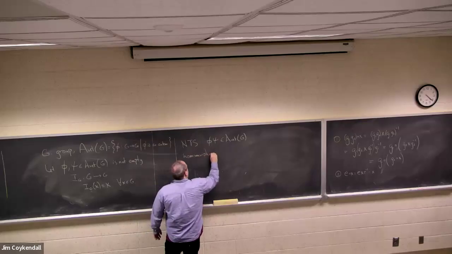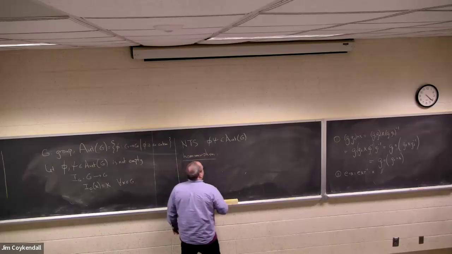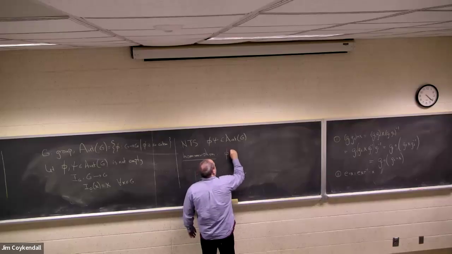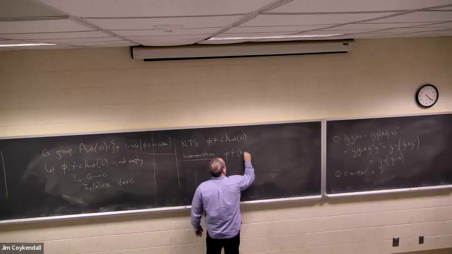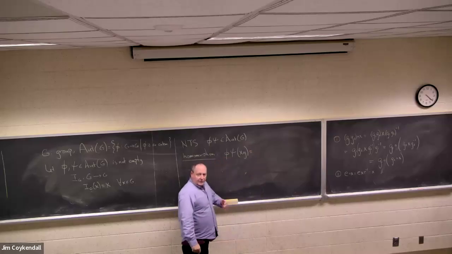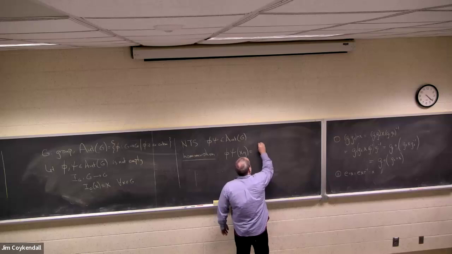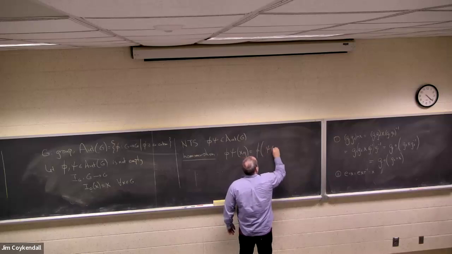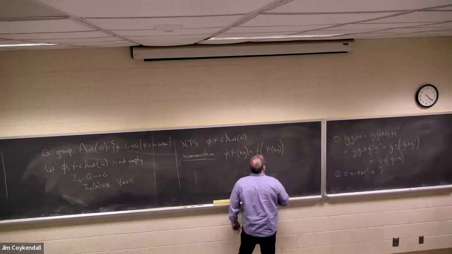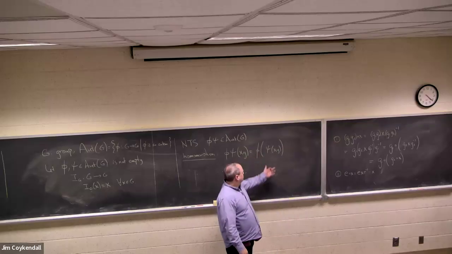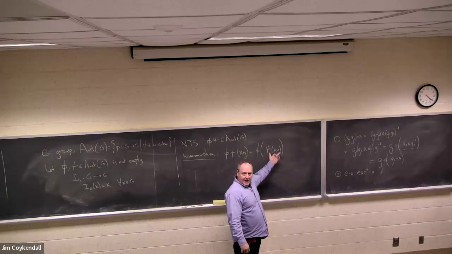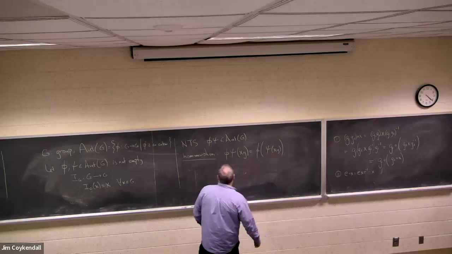Let's check this first. If you look at phi psi of xy, here x and y are just two elements of G, this is phi of psi of xy. It's function composition. And what do I know? I know that this animal is a homomorphism.